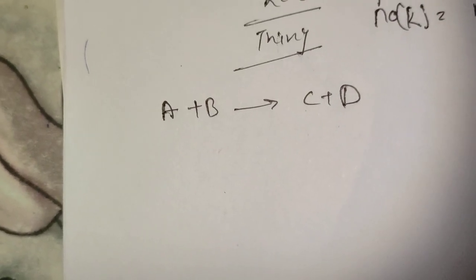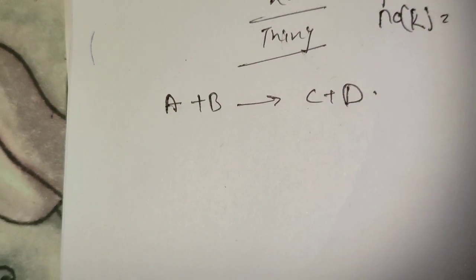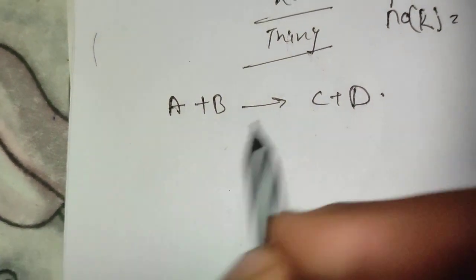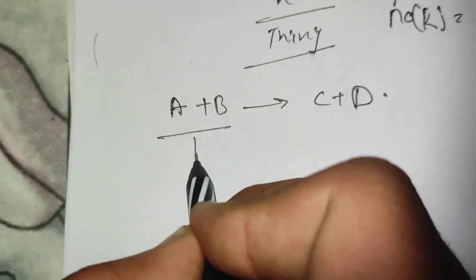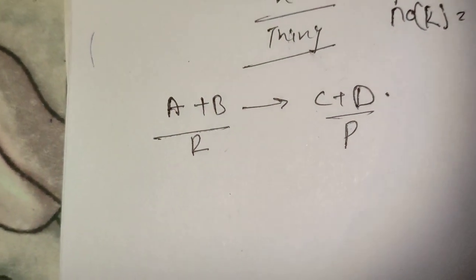Maybe we start from the higher value. For example, if in both the reactant and the product the amount of A is high, then B is also high.